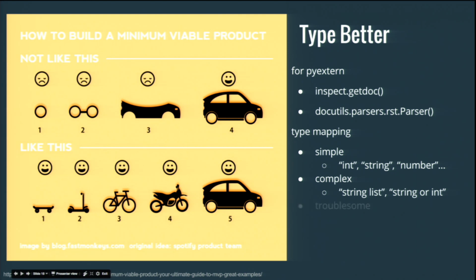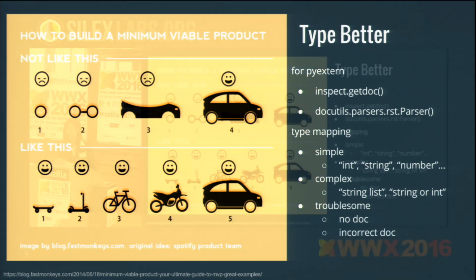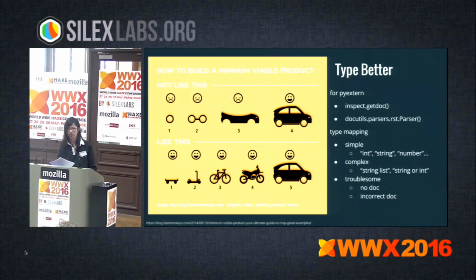The real trouble is that sometimes in some library, in some classes, there is actually no documentation on types. And even worse, sometimes the documentation is just incorrect and not accurate. It exists, although it's not very frequent, but it's kind of troublesome.